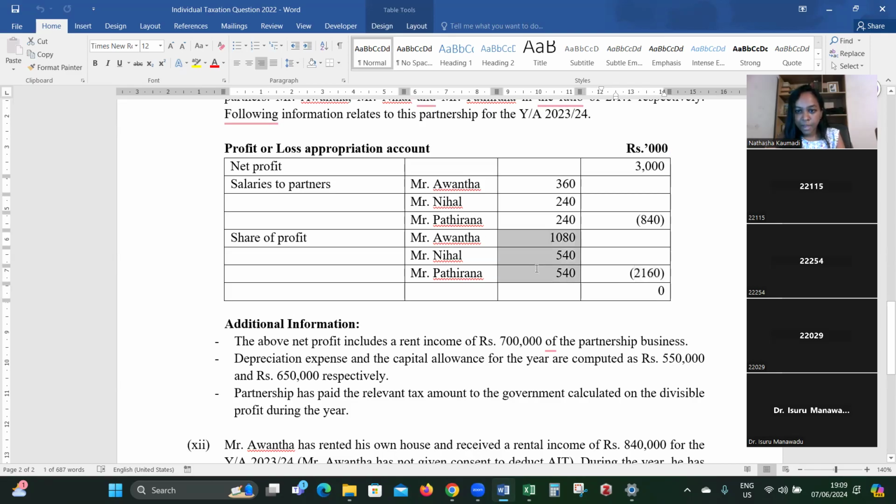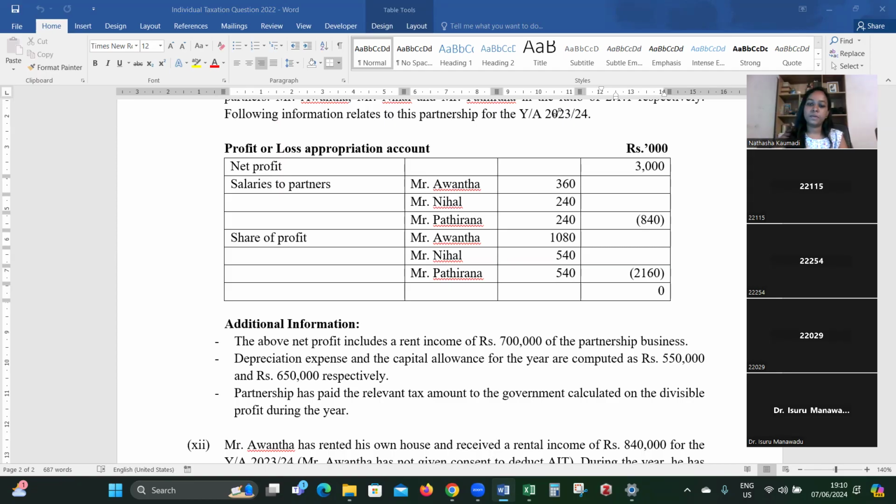Now, balance is 0. There's no balance. So you have to understand it from this table itself. 3,000 profit is given. From this 3,000 only, this 840 has been deducted. Balance 2,160 is the share of profit. Is that clear? You understand the fact that salaries have not been deducted from 3,000 from this table.